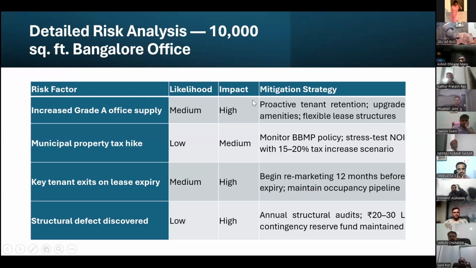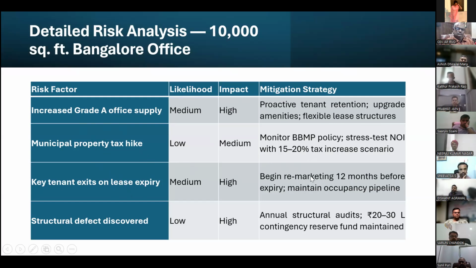How the owner can mitigate these things. If there is a property tax hike, there are fewer chances. Net operating income may change with a 15 to 20% increase scenario.